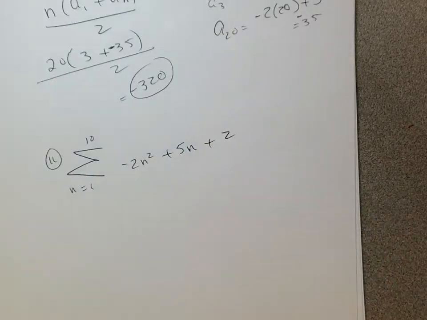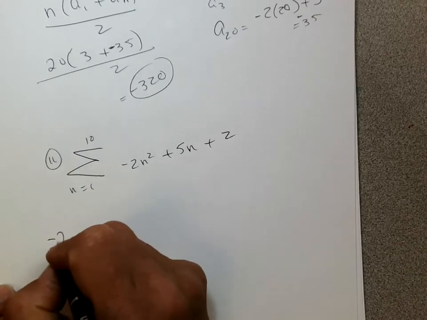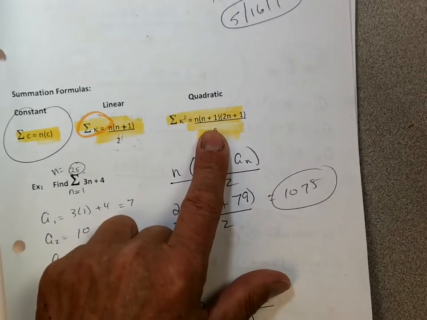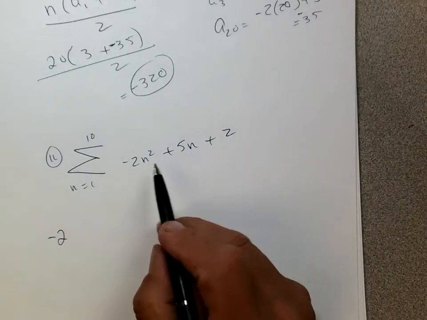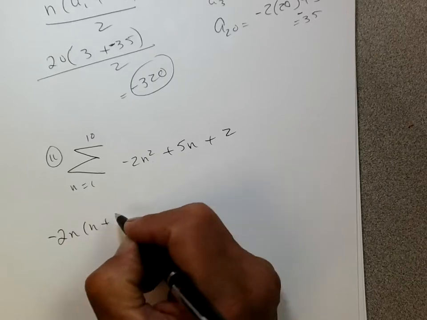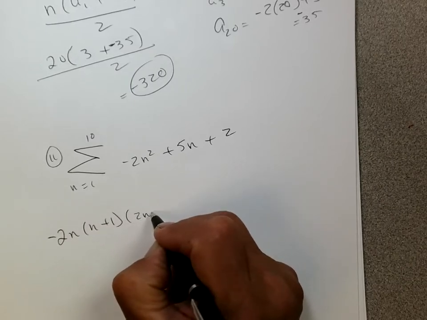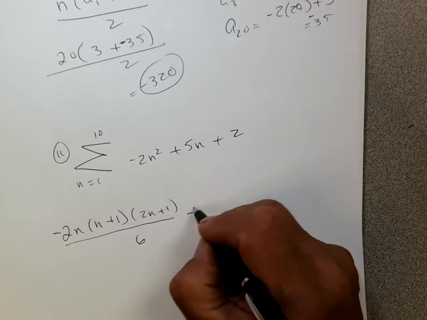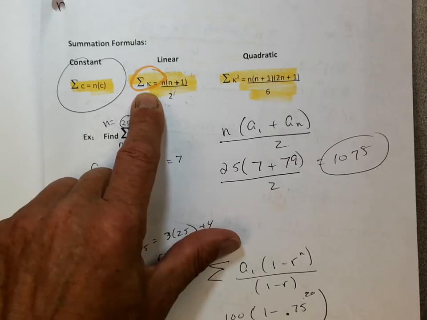So I'm going to set up negative 2 times, now n squared. I'm going to use my formula for k squared: n times n plus 1 times 2n plus 1, all over 6, plus 5 times the linear one, n times n plus 1 divided by 2.